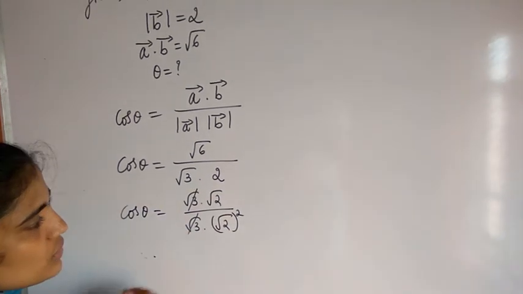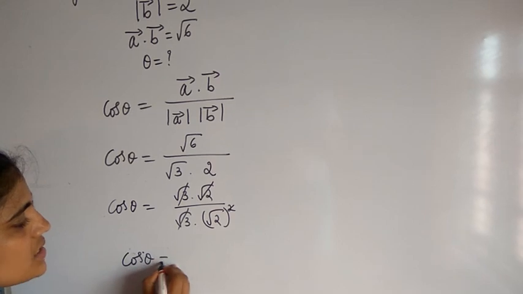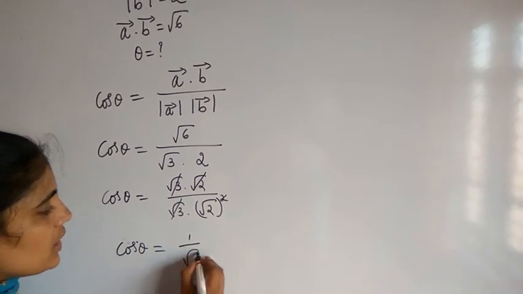So here root 3 gets cancelled, one root 2 gets cancelled. Therefore cos theta equals 1 by root 2.